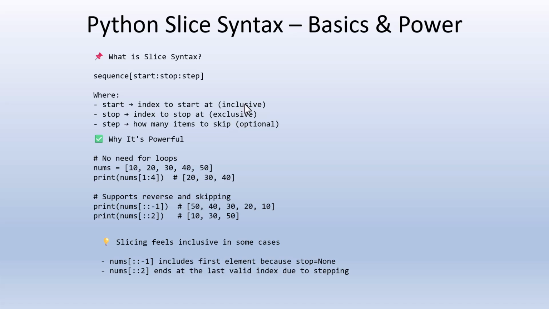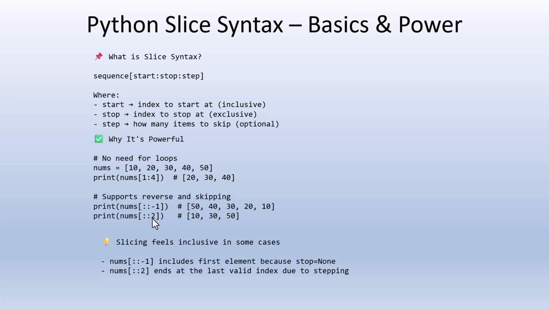It should include the start index and exclude the stop index. But sometimes there is an exception. It looks like the stop index is exclusive, but in this case, even though it is exclusive, it feels inclusive because stop equals None. And here it ends at the last valid index due to stepping.